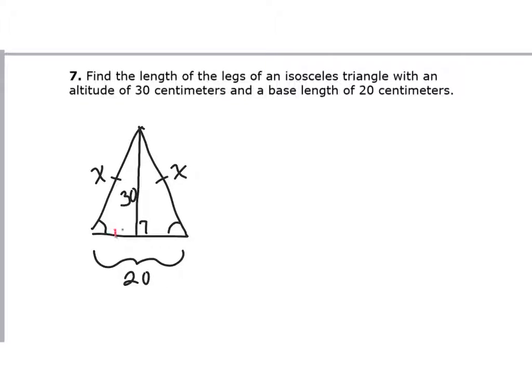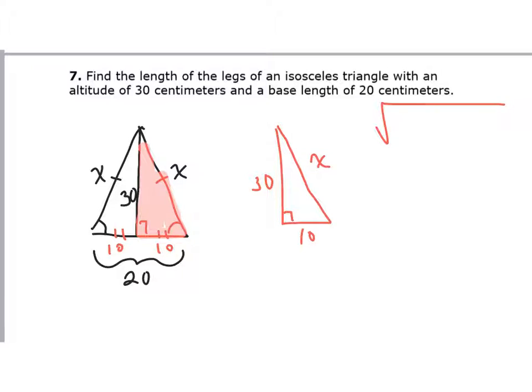Divide the 20 into 2 equal parts, so each side is 10. And then instead of looking at the whole triangle, I'm just going to look at one side of it, right? And again, if you want, you could redraw it. So I'm looking for X. I've got a 30 here and a 10 here, and my right angle's right there.